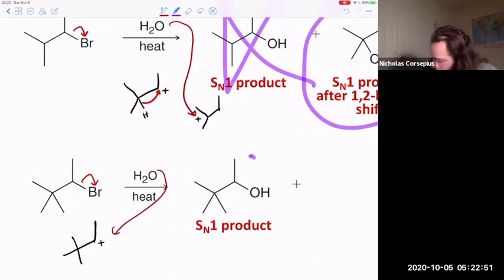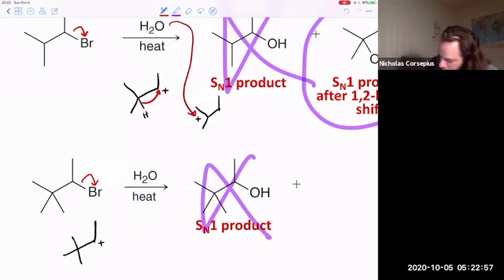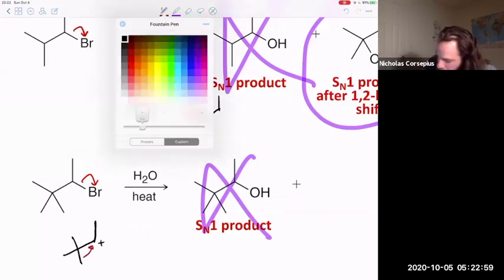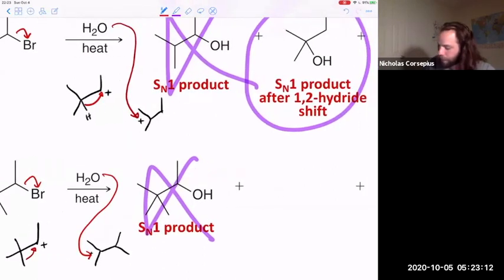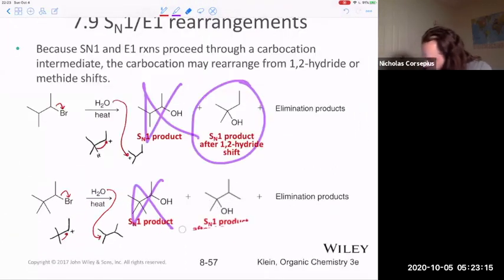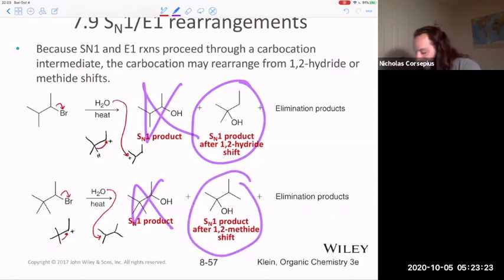But really, this doesn't occur, because instead you have a methyl shift producing that nice, stable tertiary carbocation. And that's what the water will attack. So again, our major substitution product here will be after the methyl shift. I don't know why they say methide, but it's a methyl shift, okay?